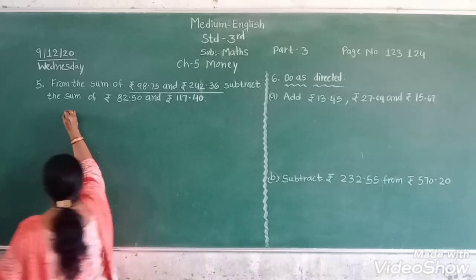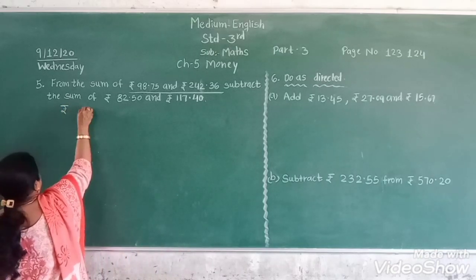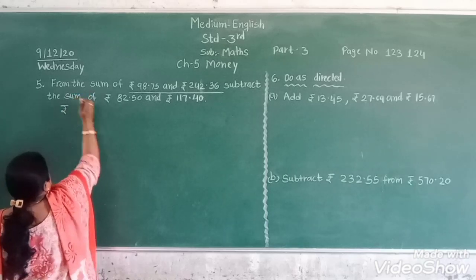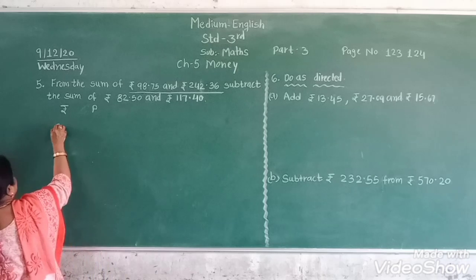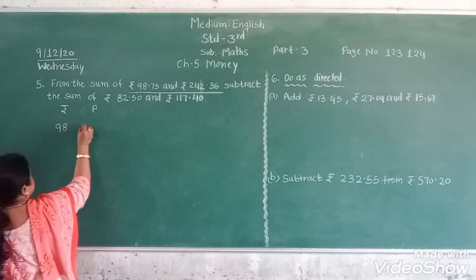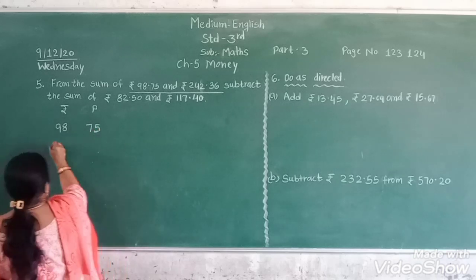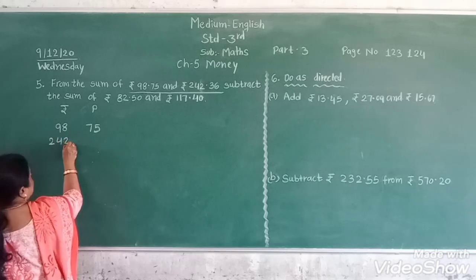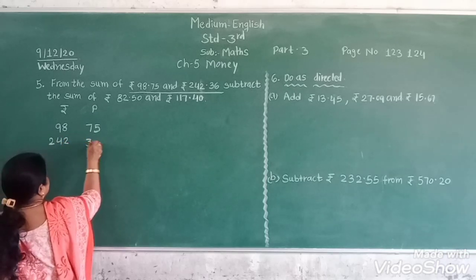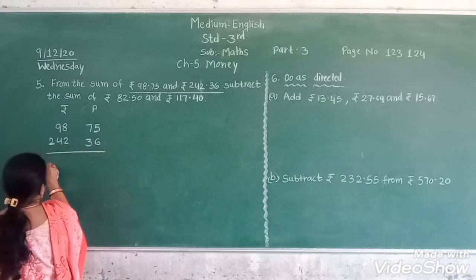So we write here columns of rupees and paise. First, 98 rupees 75 paise and 242 rupees 36 paise.